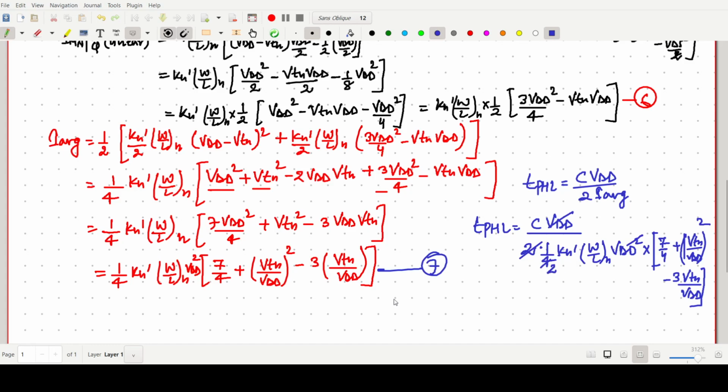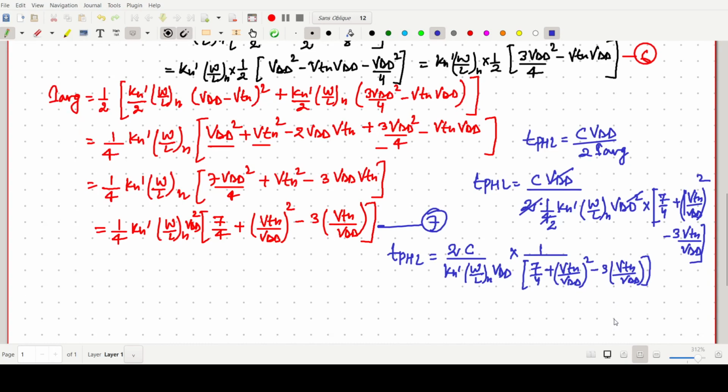So once again I am writing tau PHL can be written as 2C, K n s W by L of n into VDD, into 1 by 1 we can write 7 by 4 plus Vtn by VDD whole square minus 3 Vtn by VDD.